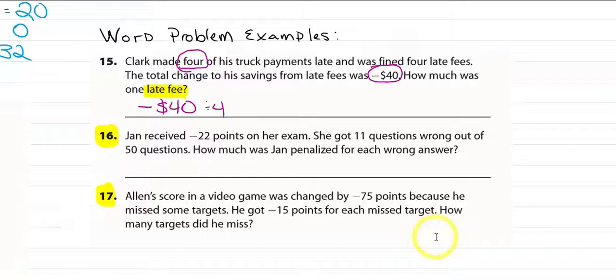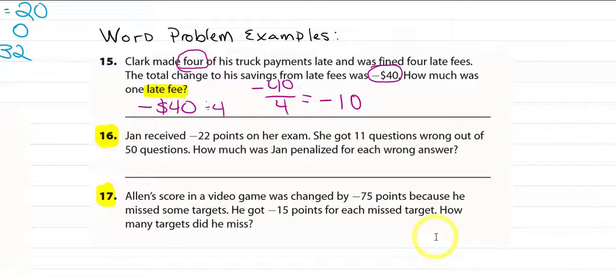Where you normally would have written it like this, I'm going to write it as negative 40 divided by 4, a positive, because 4 was the payment, so that should be a positive number. Now I have a division with a negative divided by a positive, so my answer is going to be negative. 40 divided by 4 is going to be 10.